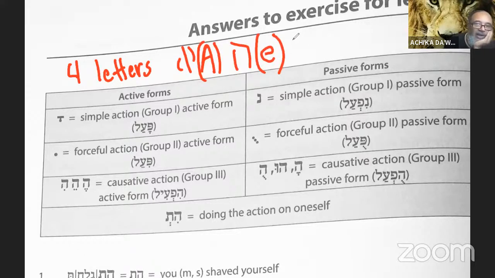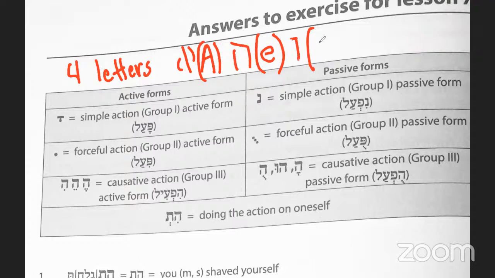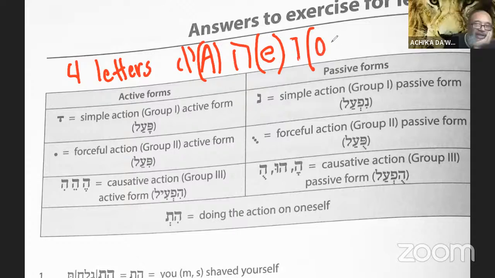Now I got the waw. What vowels represent the waw? Because it represents 2 vowels. O and U. Perfect. Because you can have a dot on the top, which represents the O, or you can have a dot on the side that represents the U. You see that?